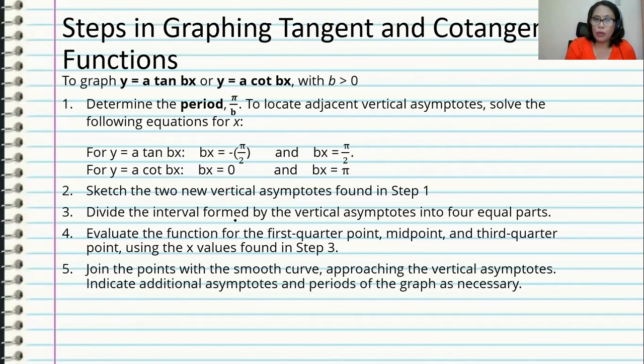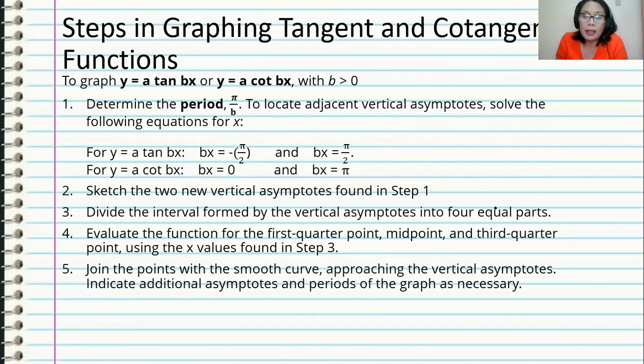Now, we will divide the interval, which is actually equal to 1 period, into 4 equal parts. So what we will divide is the period. For that example, the period equals pi, so we will divide pi by 4. So pi over 4 will be added to negative pi over 2 until we reach pi over 2 cumulatively.